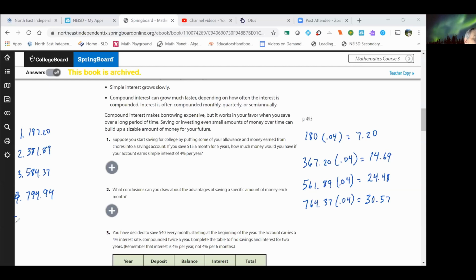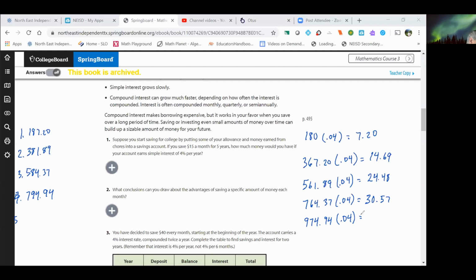Then during the 5th year, I'm going to keep adding $15 a month, a total of $180, so I add $180 to that. At the end of the year, I'm going to have $974.94, and the bank will then credit me the 4%.